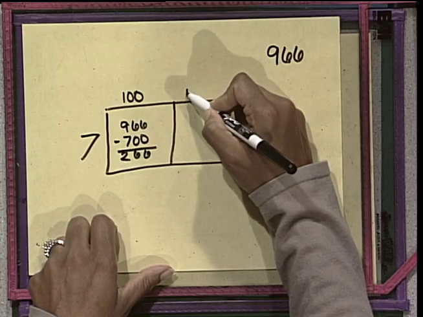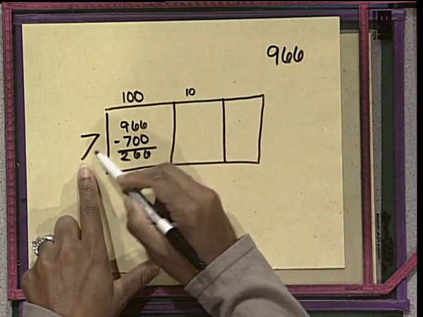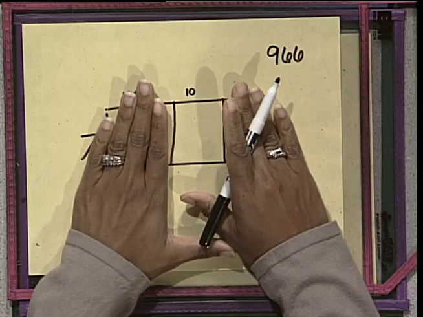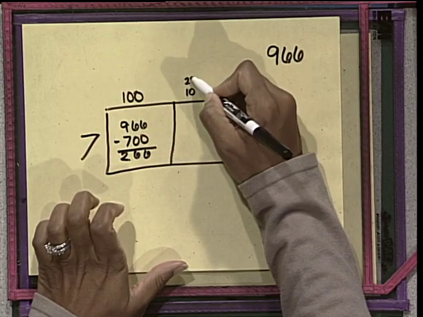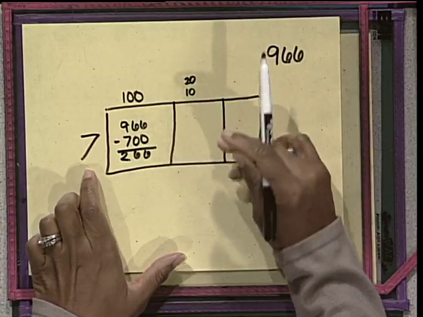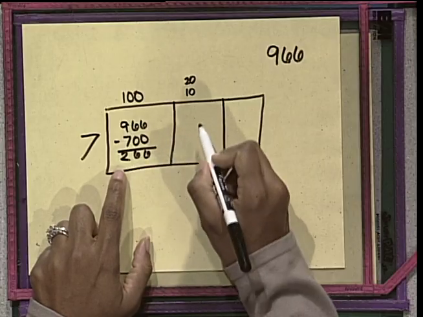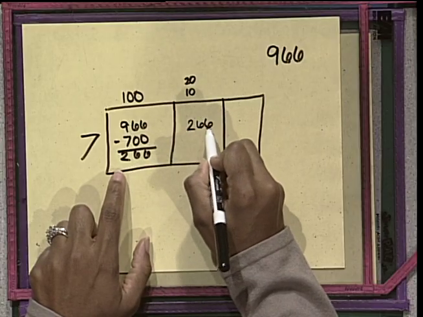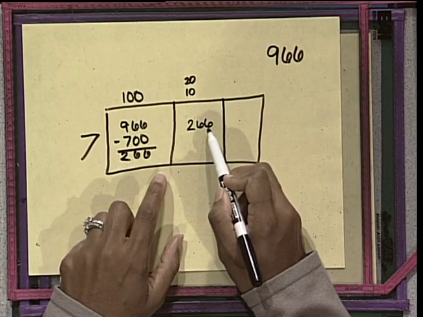If I start off with 10, that'll give me 70 units. 7 times 10, because now we're only looking at this portion, is 70. 7 times 20 is 140. Remember, we have 266 units left, so I want to get as close to 266 without going over.